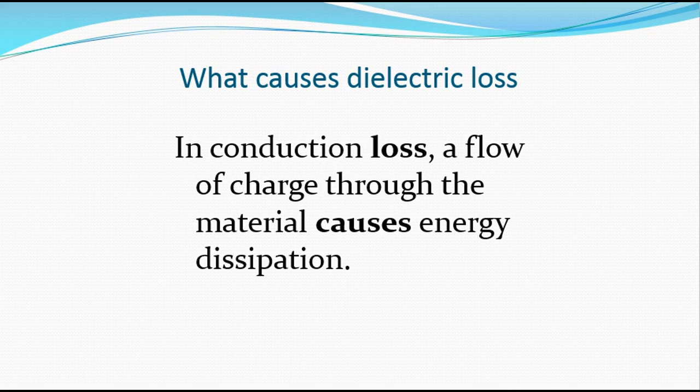Now in what causes dielectric loss, in conduction losses, a flow of charges through the material causes energy dissipation. Now, what do you understand by conduction? Conduction loss is a process where an electron is passing through a cable, it could be an electrical cable or a networking cable.